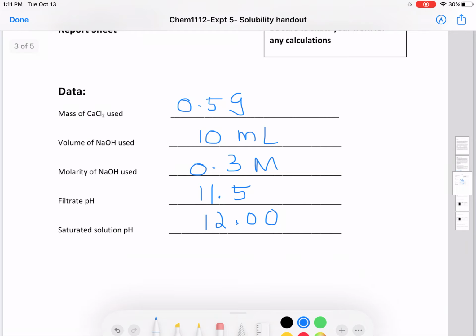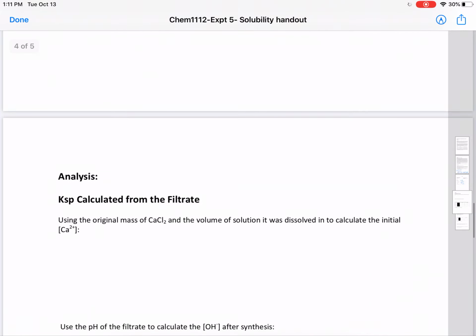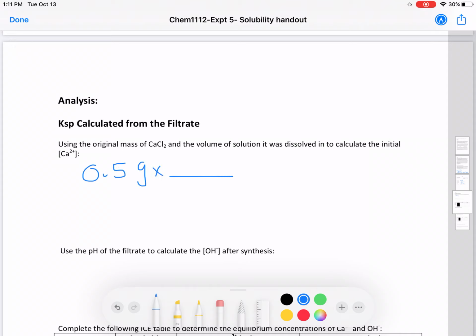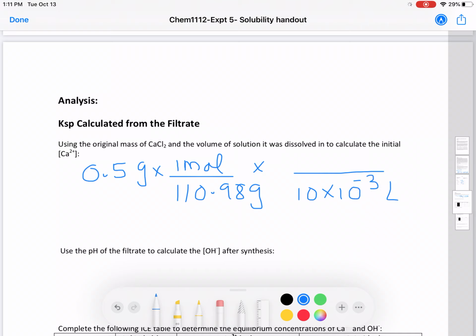With this data we can do our calculations. Using the original mass of calcium chloride and the volume of the solution it was dissolved into, calculate the initial calcium concentration, which is easy. You take 0.5 gram calcium chloride and convert it to moles; 110.98 is the molar mass of calcium chloride. This mass is in 10 milliliters, so when you divide the number of moles by the volume in liters, this will give you the molarity.